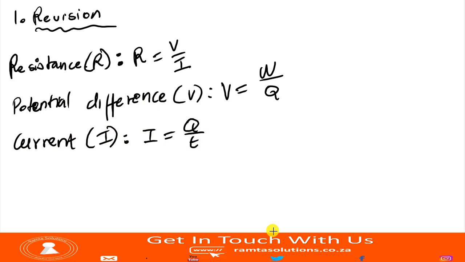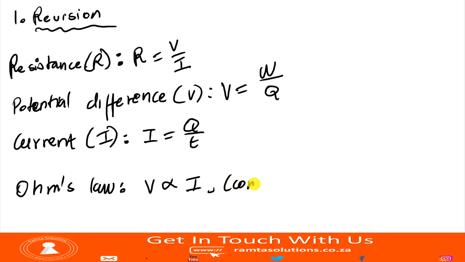We also spoke of Ohm's law in our introductory video of grade 11 electric circuits, which says that the potential difference across a conductor is directly proportional to current, provided temperature is constant.